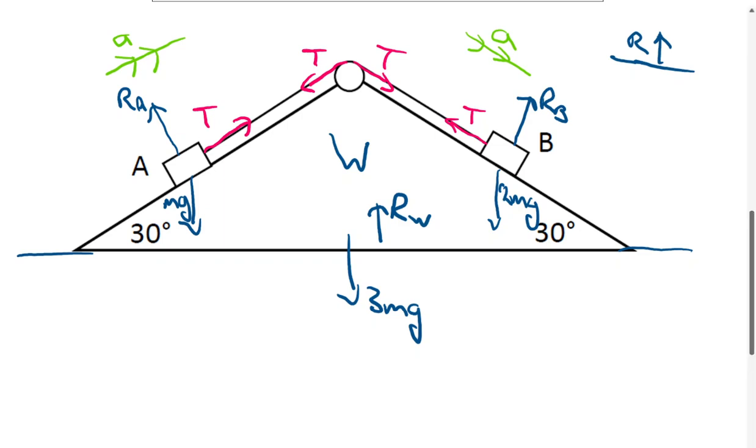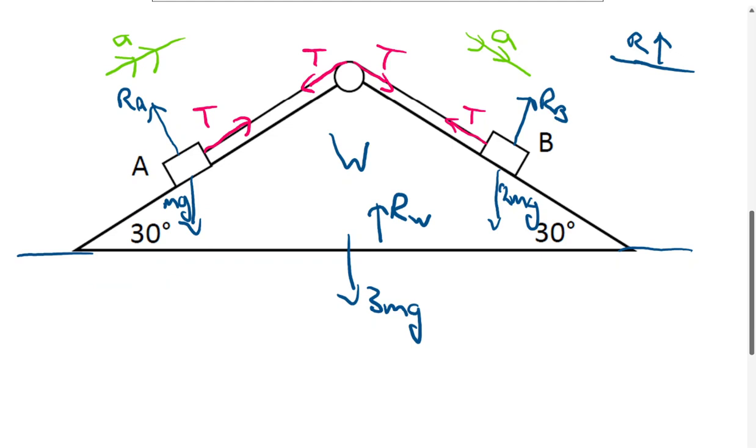And it says the wedge rests, so the wedge is free to move. I think because the masses on the wedge are moving rightwards, so the m and the 2m from A and B are moving that direction roughly, I think it means the wedge has to be moving in that direction.